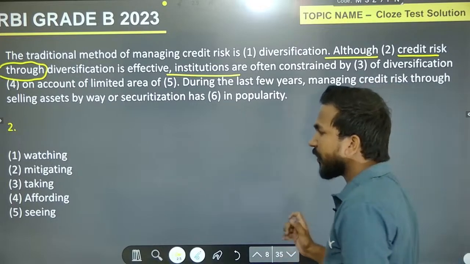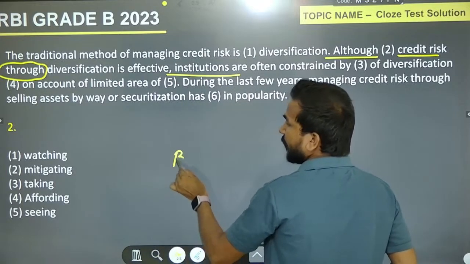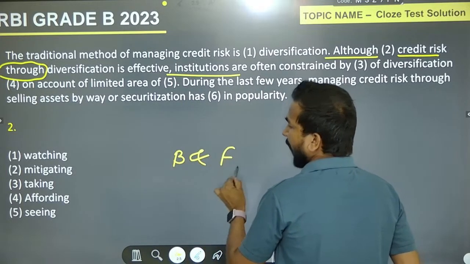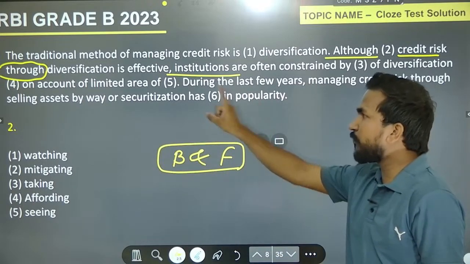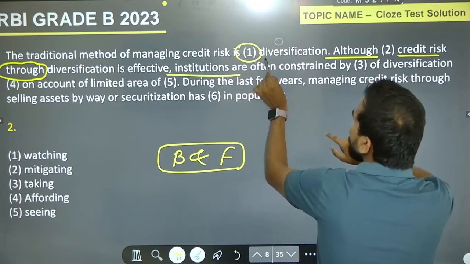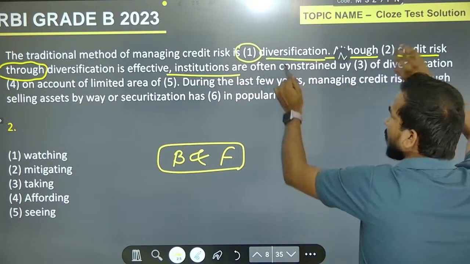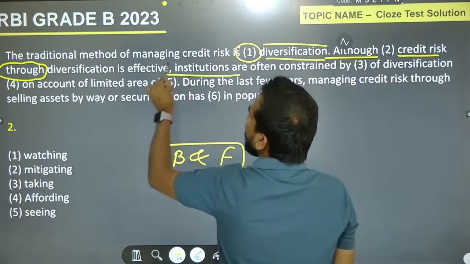I was talking that you have to go for the backward and forward reading. If you have already gone for the forward reading, definitely you will get the first one also, because here we have diversification. That is the source of managing credit risk.